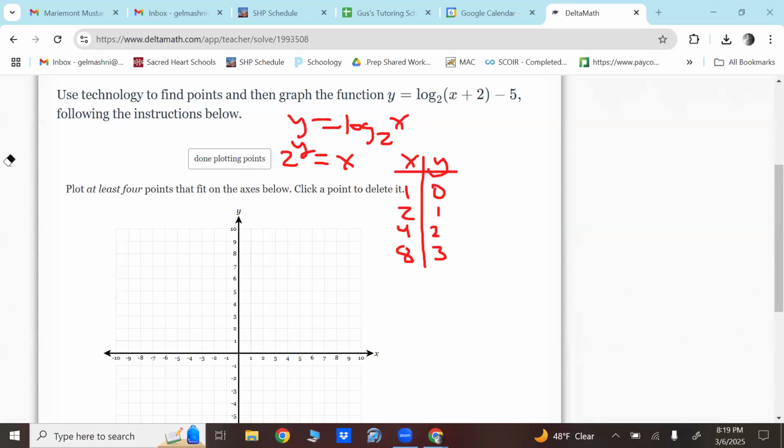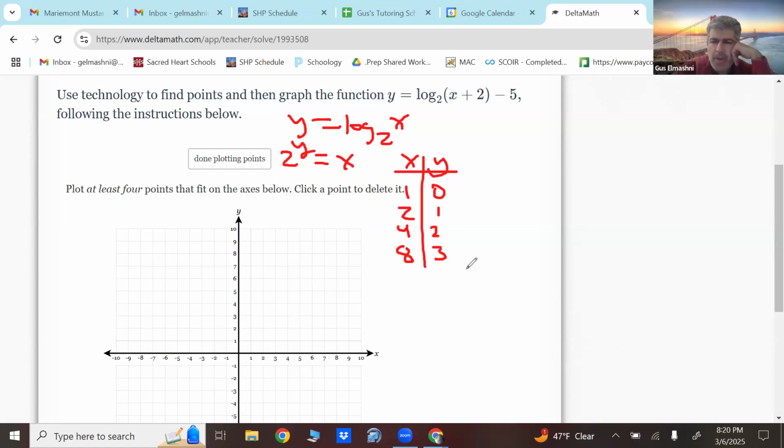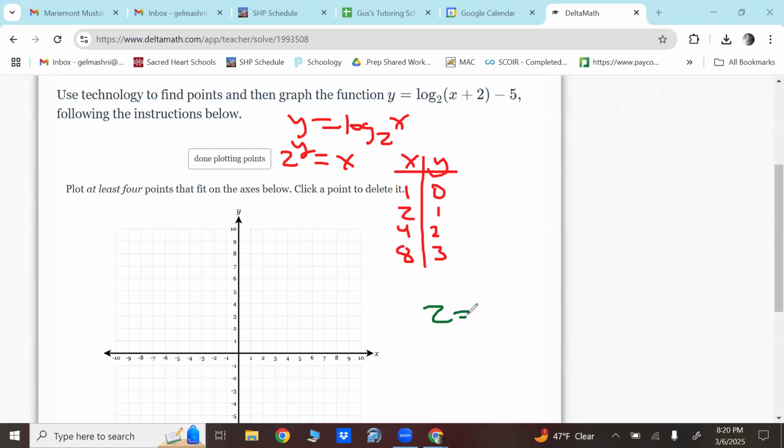But couldn't you first just do x plus 5, and then y equals b to the x, and then just do 2 equals y minus 5 equals x plus 2? Or could you do something like that? I didn't get the numbers right, but could you do that? Wait, do 2 equals what? Well, you add 5 to the other side, and it's x.